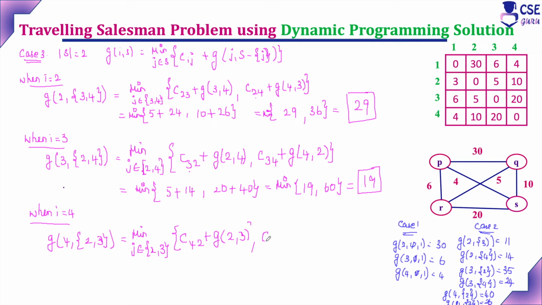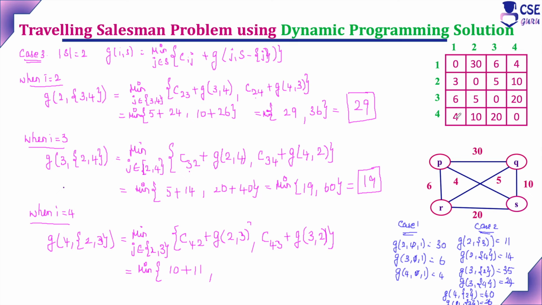Suppose the choice is the third city, after visiting the fourth city. That is C4,3 plus G of 3, after visiting the third city there is one more city to be visited, that is 2. So here we are considering the minimum of C4,2, whose cost is 10, plus G of 2,3. G of 2,3 cost is 11.